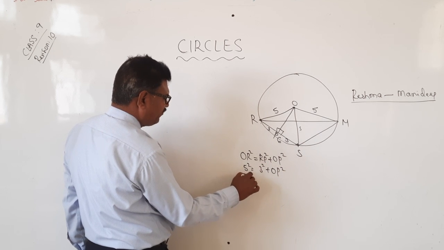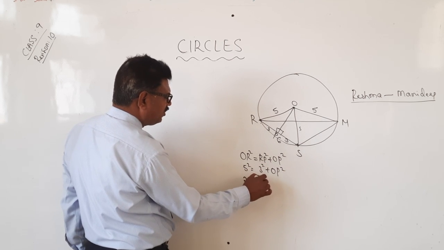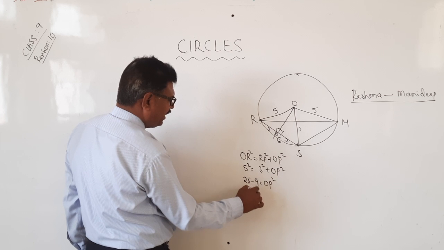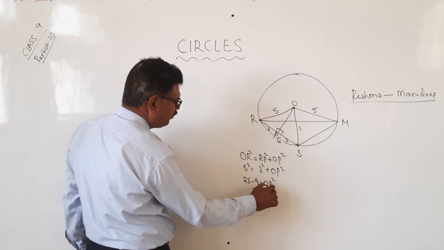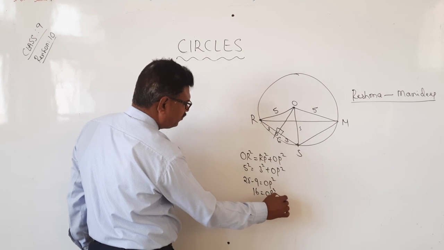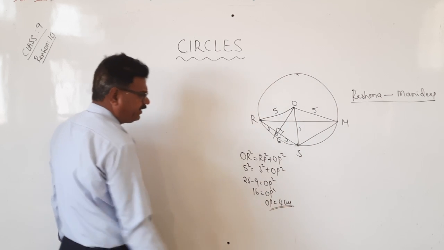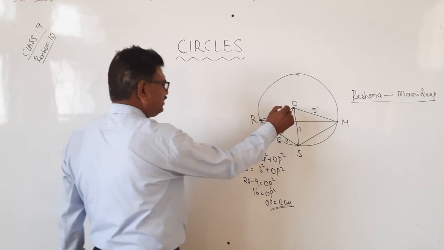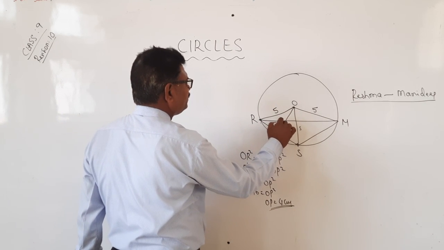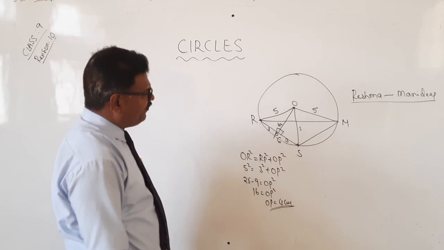So 25 minus 9 is equal to OP square. 16 equals OP square, therefore OP equals 4 centimeters. Understood? Now height is how much? 4 centimeters.